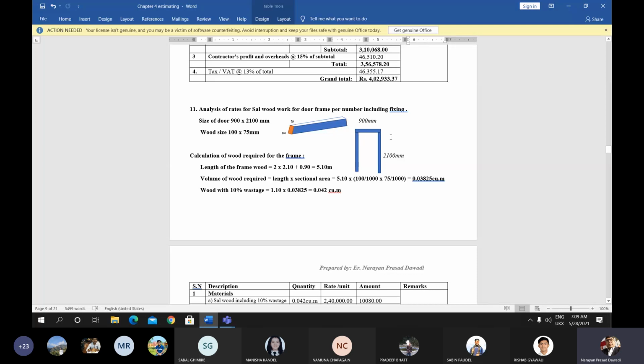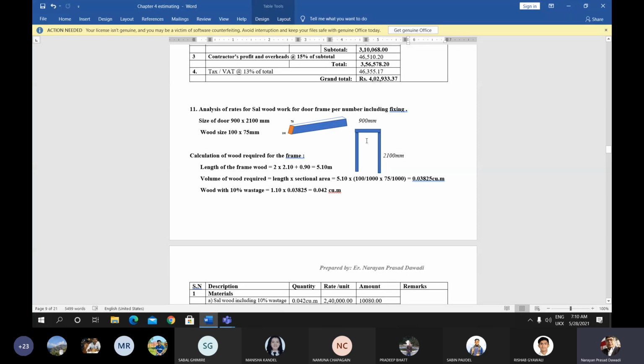It includes the wood part covered on three sides. The bottom portion may or may not be provided. I am considering only three members here: two vertical members and one horizontal member.